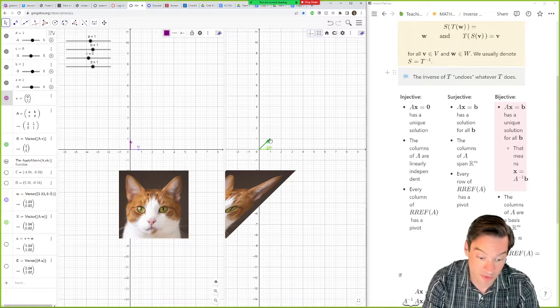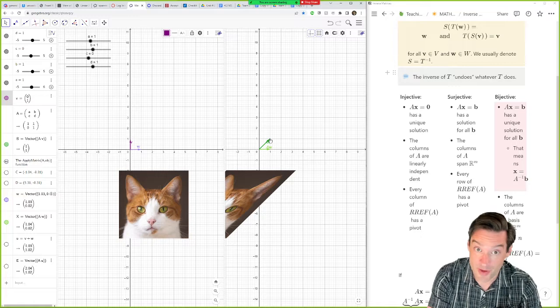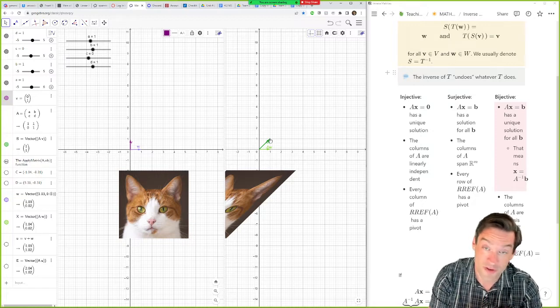Right? So we know that the standard matrix of the original transformation sends E1 to the first column of the matrix. It sends E2 to the second column of the matrix. And if I'm in a higher dimensional space, it'll send E3 to the third column, E4 to the fourth column, and so on.